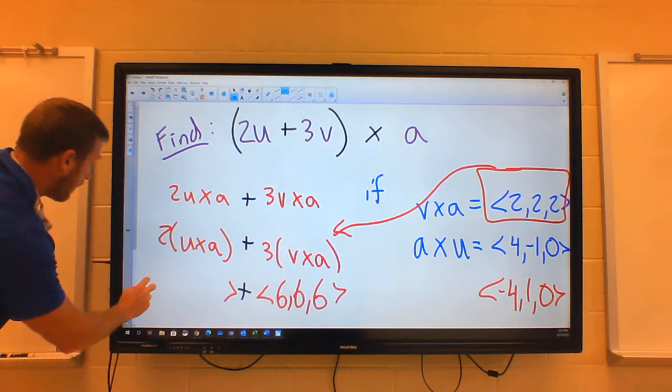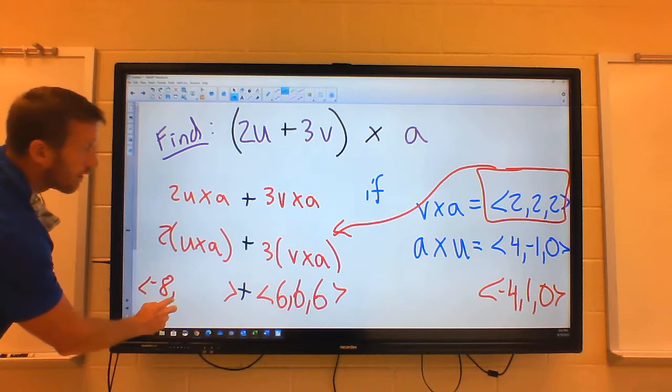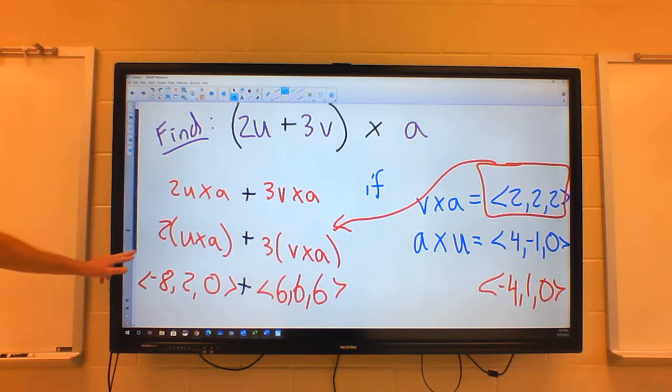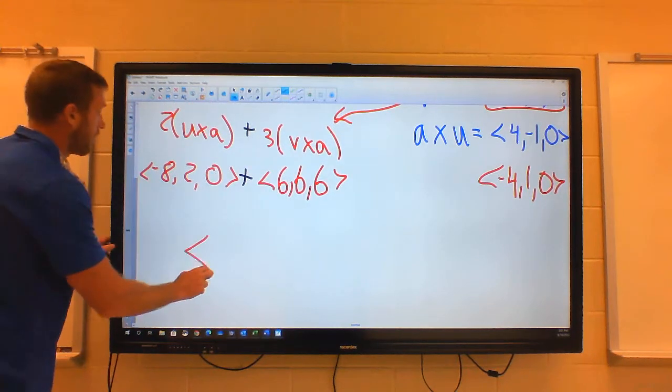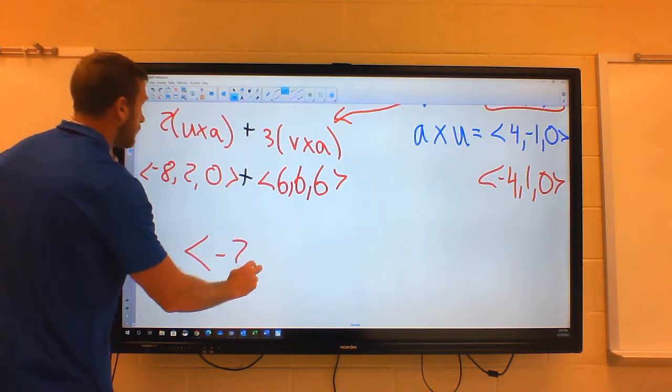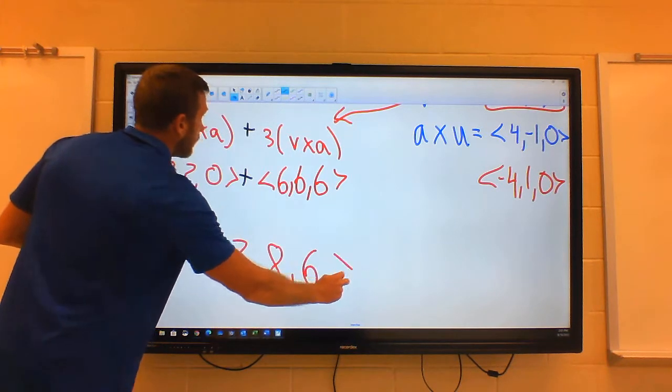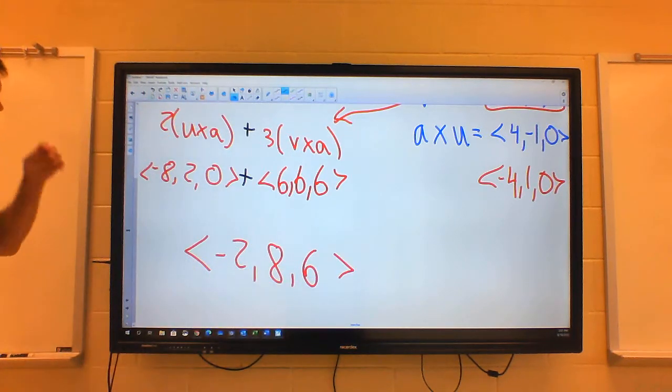So I've got -8, +2, and 0 when I double that. Now I just add them together, and I get a final vector solution of -2, +8, +6. Okay, -2, +8, +6.